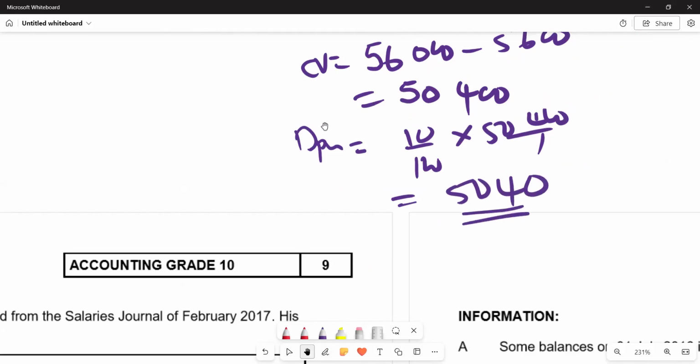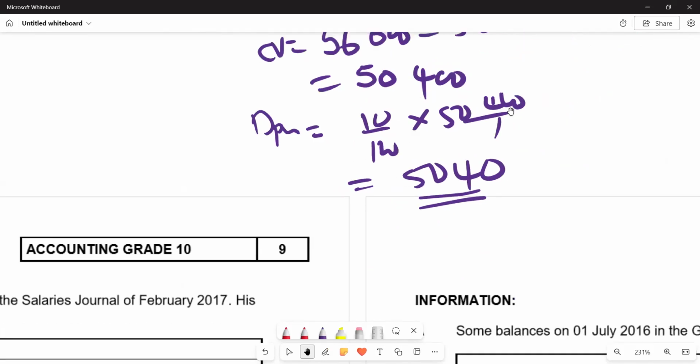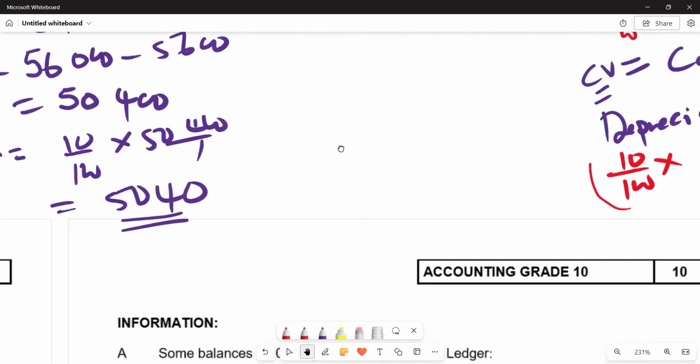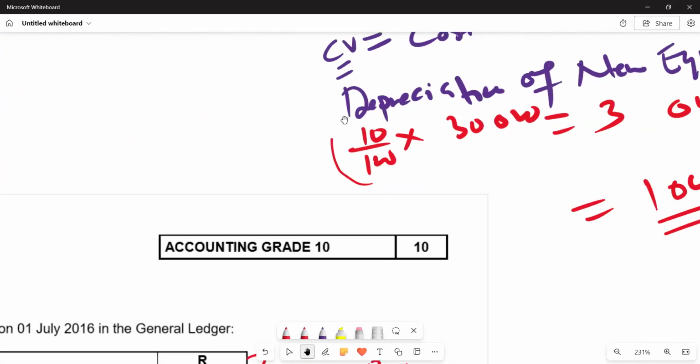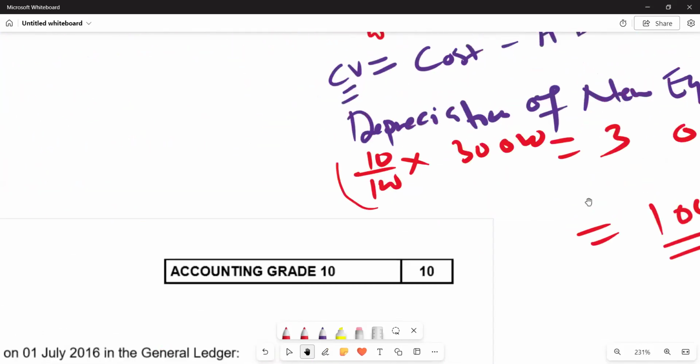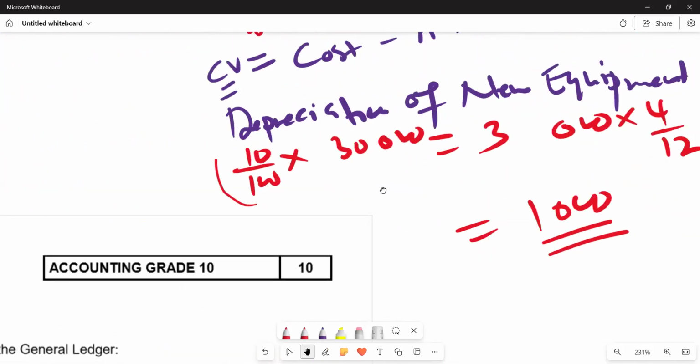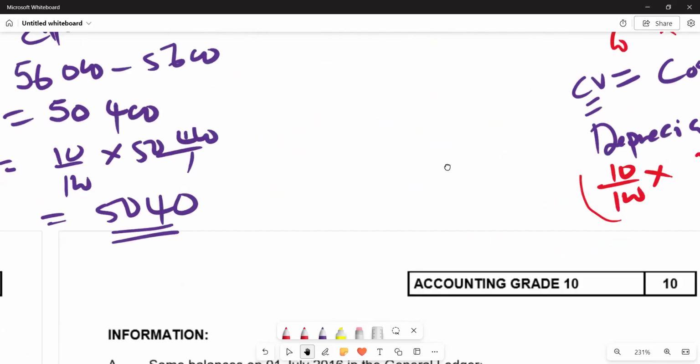And total depreciation now, we are going to say the depreciation for old equipment plus depreciation for new equipment. For new equipment, remember I calculated it as 1,000 here. We want to add it to the depreciation of old equipment.